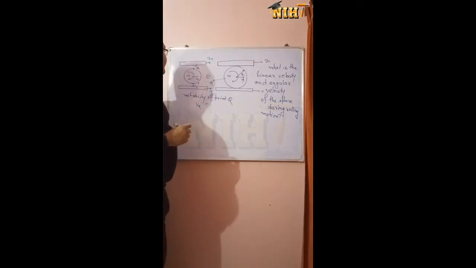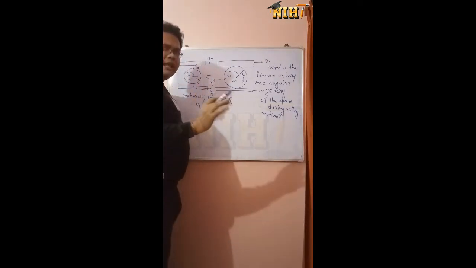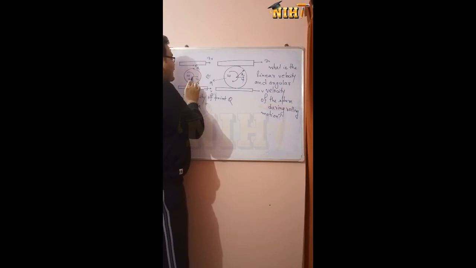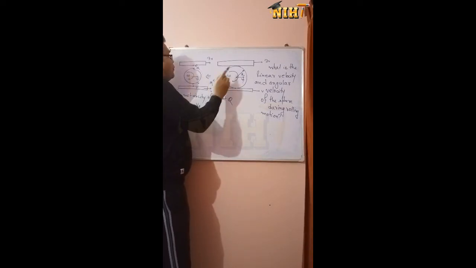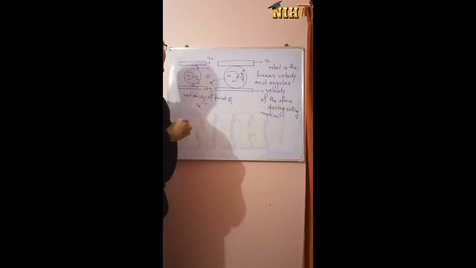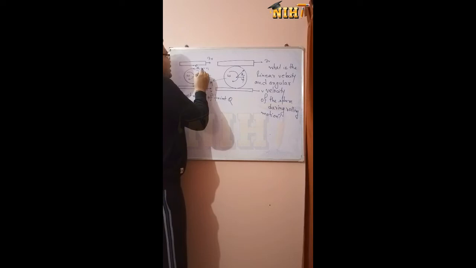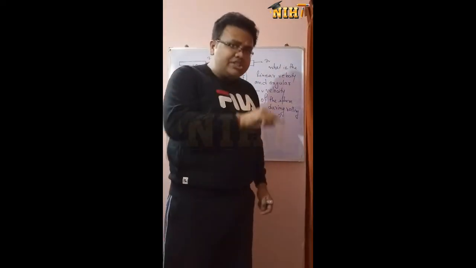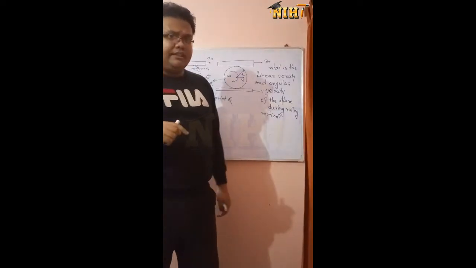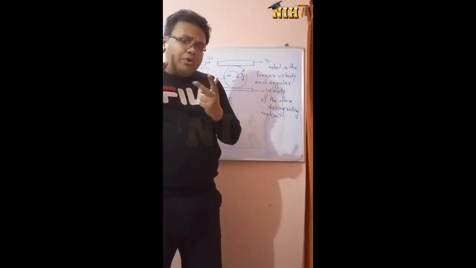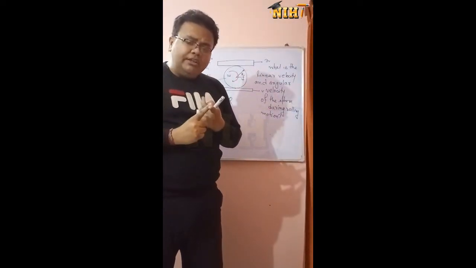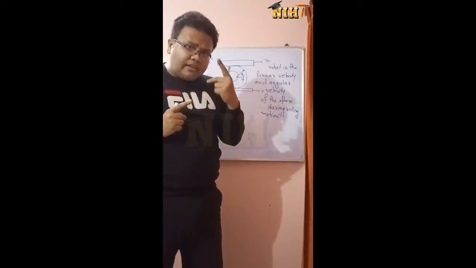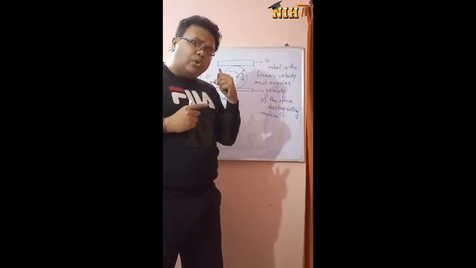You all know that if the velocity of the center of mass is v1, the velocity of the point Q will also be v1, and at the same time there will be a tangential velocity because of the angular velocity. So there are two velocities, one because of the rotational motion, another because of the translational motion, and this motion is known as rolling motion.